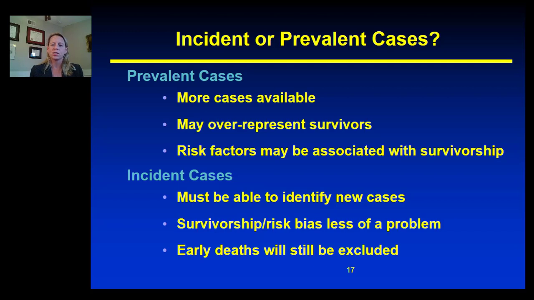Now, prevalent cases are situations where they're available at the time you start your case control study. So from a logistics perspective, doing a case control study using prevalent cases is faster and less expensive.